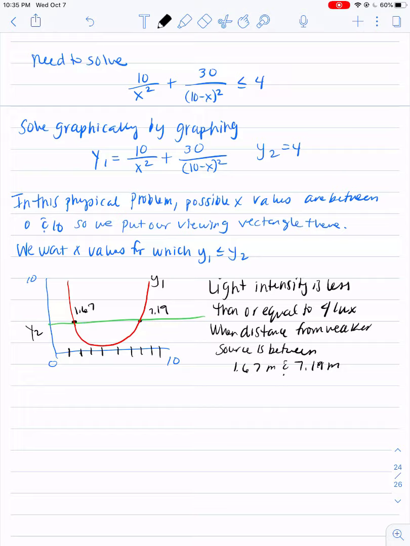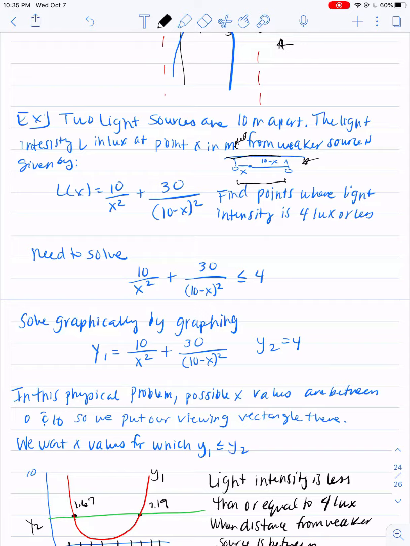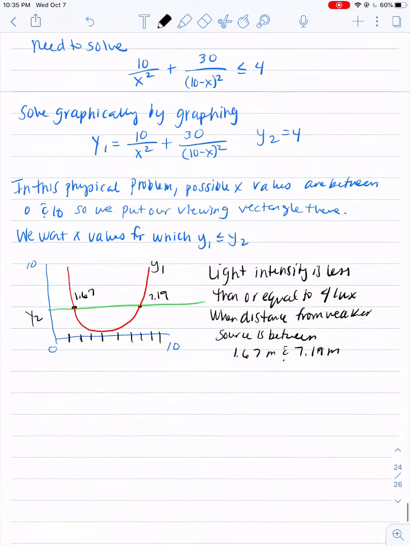In this problem, the possible x values are between 0 and 10, because distance is positive, and this whole line here is 10. Then this is x, and this is 10 minus x.